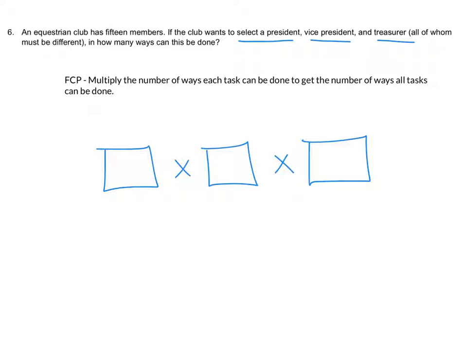So the first box represents selecting a president. Now there are 15 members to choose from. So how many ways can I select a president from 15 people? Well, that's just 15 ways. Now I'm going to select a vice president.